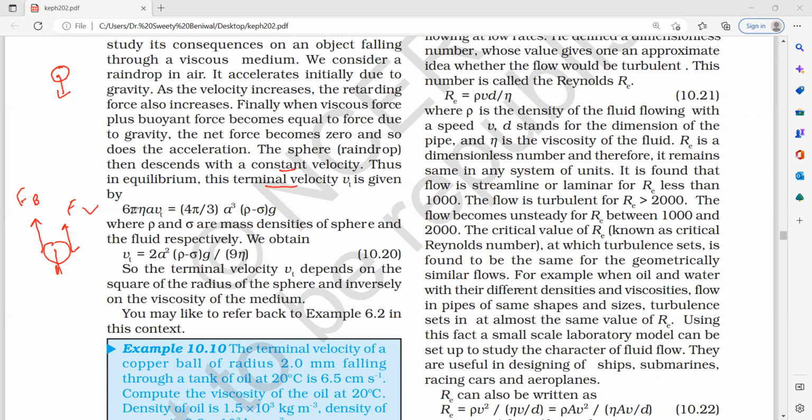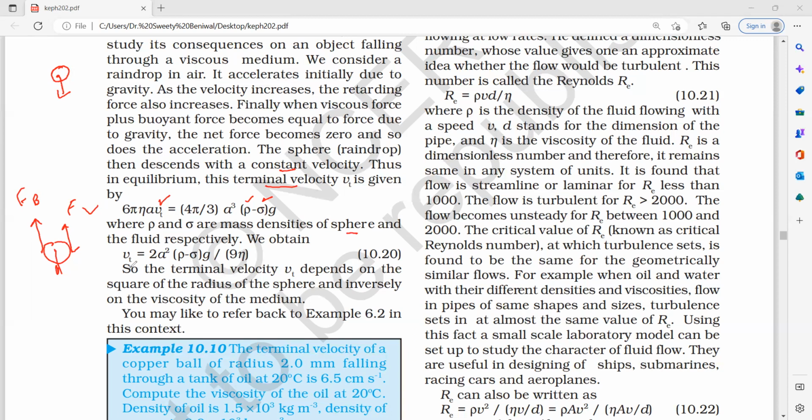And then it is given by 6 pi eta r vt, where vt stands for terminal velocity, is equal to 4 by 3 pi r cube rho minus sigma into g, where rho and sigma are the mass densities of sphere and fluid respectively.